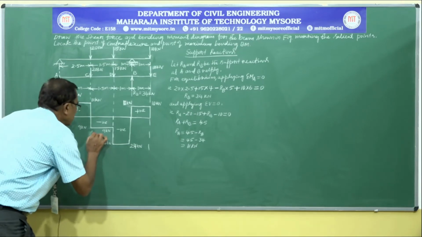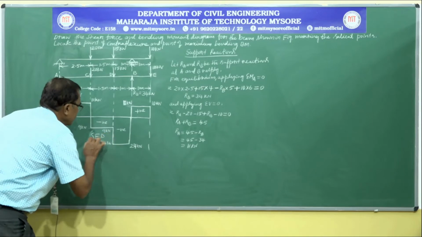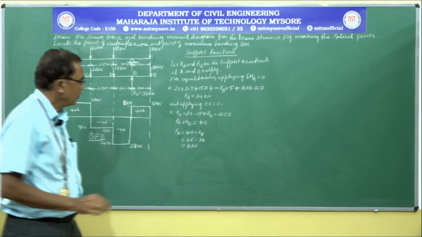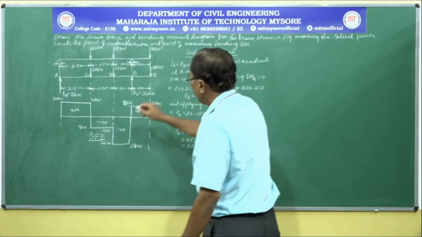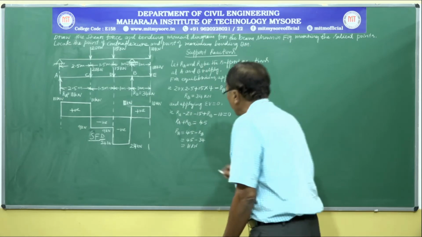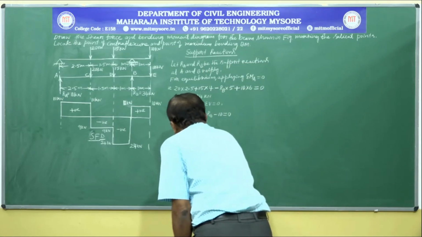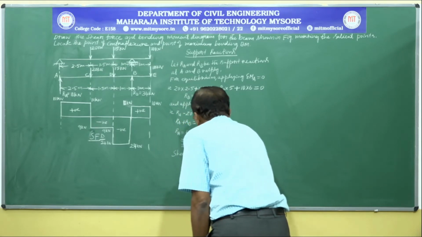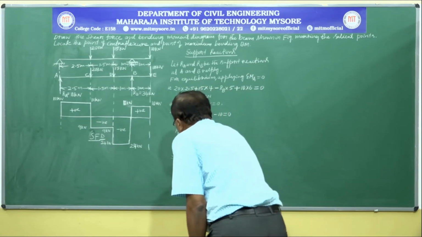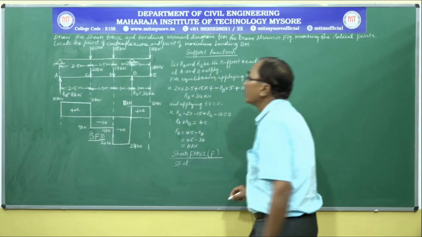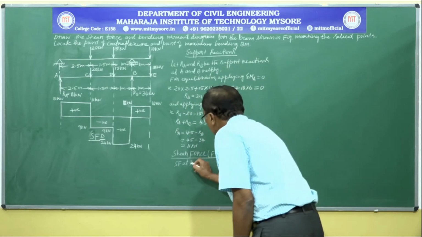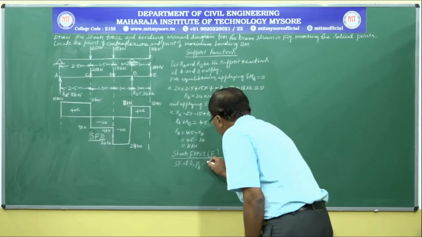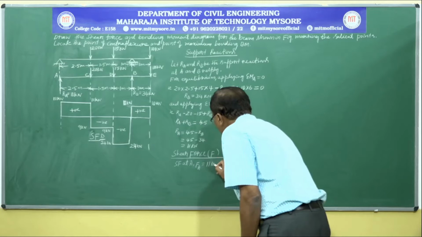Let us mark it as the shear force diagram, SFD. We can comfortably write down the shear force values here. Shear force at A, F suffix A, is equal to, above the reference line, 11 kilonewton, 11 positive.